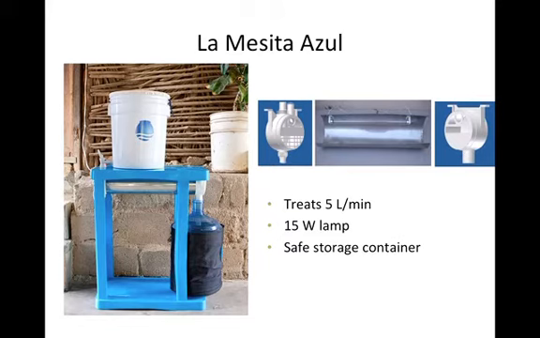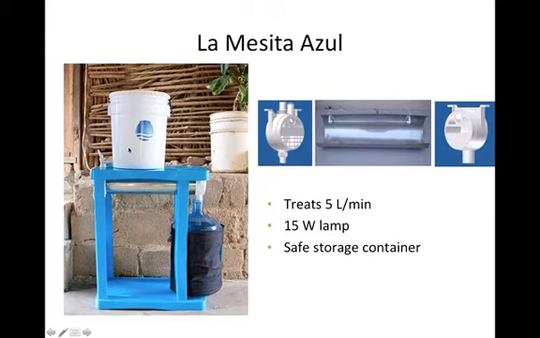So they bring back this 20 liter or 5 gallon bucket of water, pour it into this bucket, and it has a cloth filter here just to remove anything that's large.